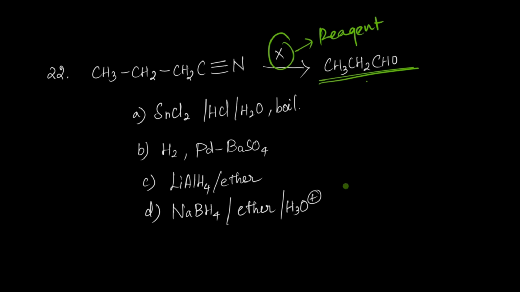Again, BaSO4; in the last question we saw that goes for COCl, acyl chlorides. Lithium aluminum hydride with ether, sodium borohydride with ether. This reaction, I think you already know, is the Stephen reaction for the preparation of aldehyde from cyanide. So that will give you one carbon less, and the reagent is SnCl2 with HCl.